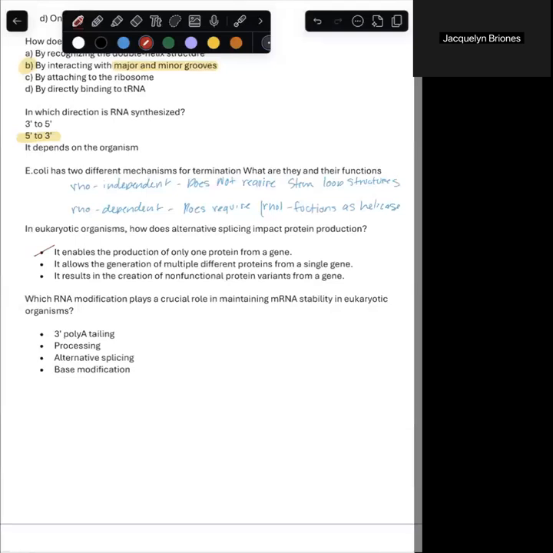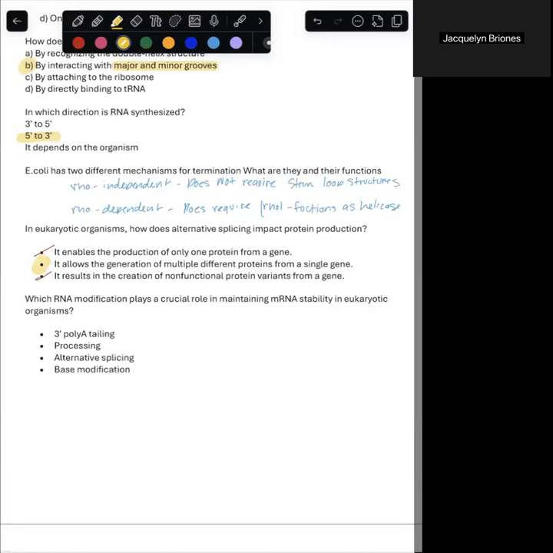We don't want non-functional proteins, we want functional proteins. It allows the generation of multiple different proteins from a single gene. Yes, that is exactly the reason why we have alternative splicing: we want different proteins from a single gene.